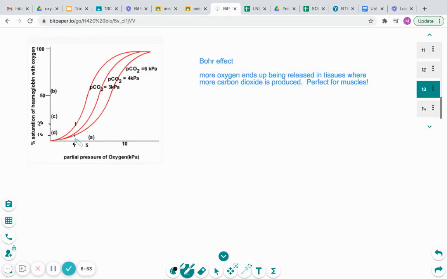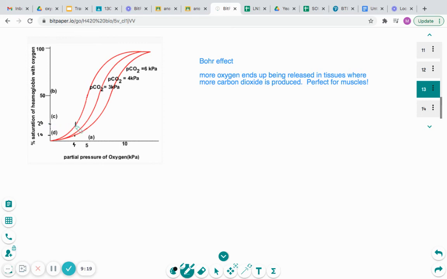So the hemoglobin molecule in an environment where there's a partial pressure of 6 kilopascal of CO2 is releasing 90% of its oxygen, or dissociating with 90%, hence why there's only 10% here. Whereas this one here, it's only dissociated with 80%.